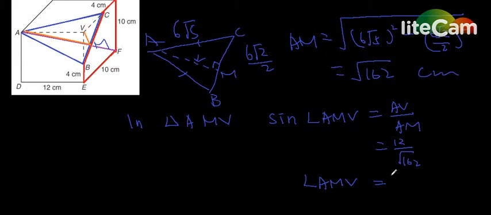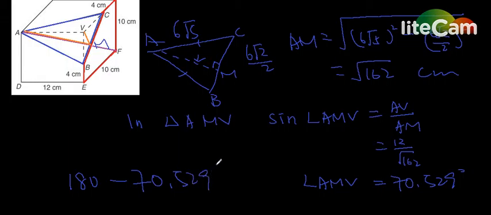It is 7.529 degrees. And then we find the angle in between. It means we need to use 180 minus the angle AMV, 180 minus 7.529. And we have the answer 109.5, correct to one decimal place.